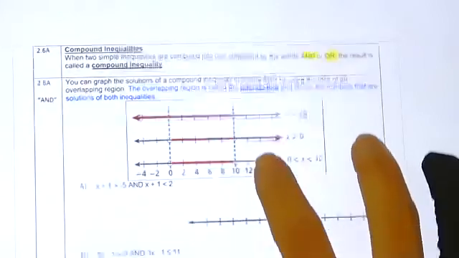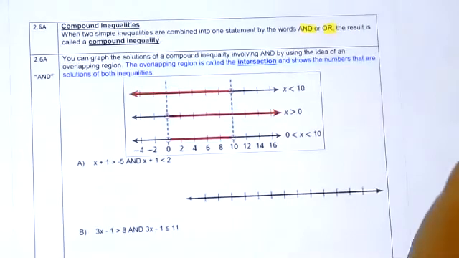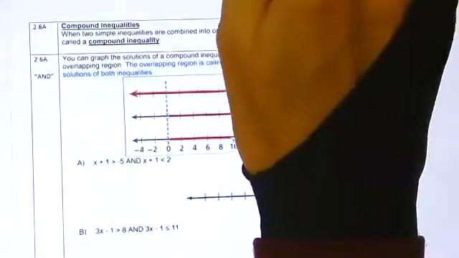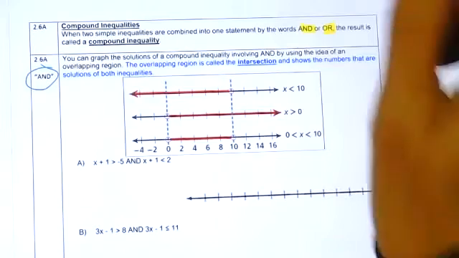So down here, it says you can graph the solutions of a compound inequality involving and. So this is all about and right here. The way you do that is you graph both of them. And means that they both need to be true. So we find the overlap.